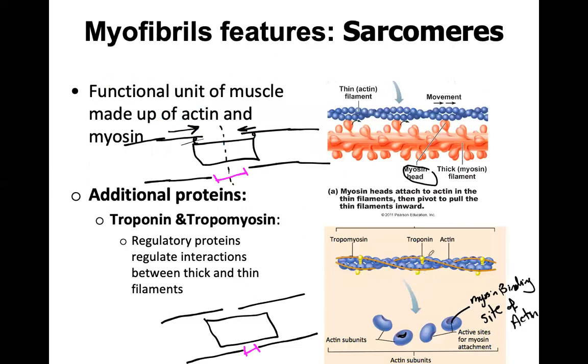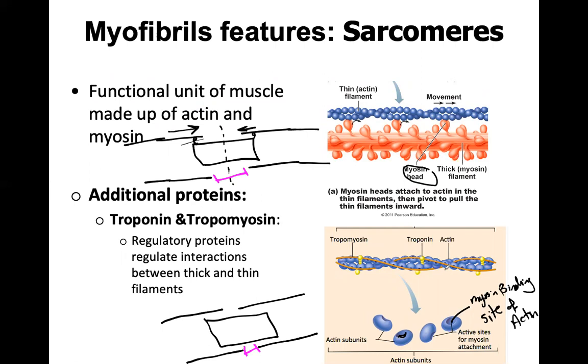So one more time, when the muscles are relaxed, the myosin binding site is covered by troponin and tropomyosin. When you have calcium present inside your sarcoplasm, calcium binds to troponin, which moves it gently.